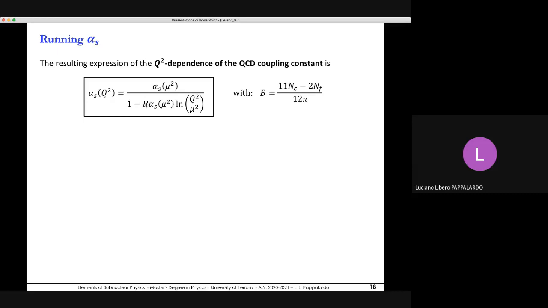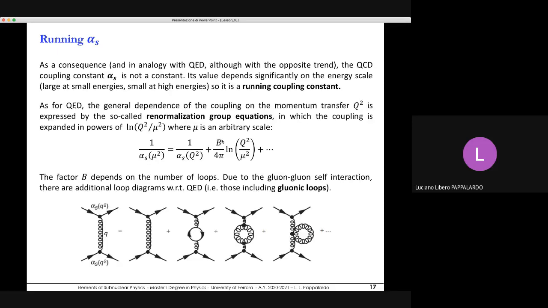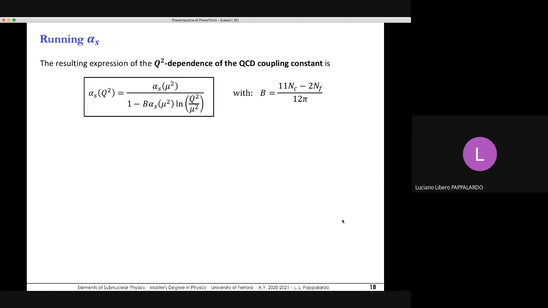This factor B, which also entered in the previous page, indeed depends on the number of loops, and so it is a bit more complicated for the case of QCD due to the presence of gluon loops. One can compute that B is given by 11 times the number of colors minus twice the number of active flavors, divided by a constant, where active flavors means the number of quark flavors at a given energy.